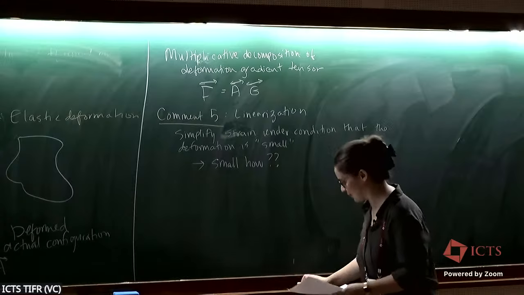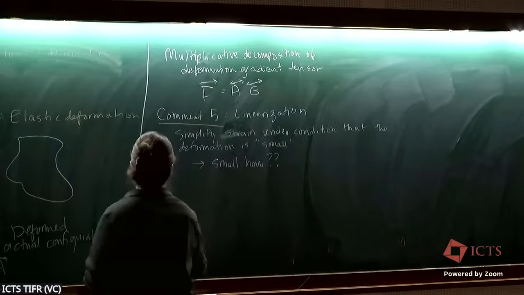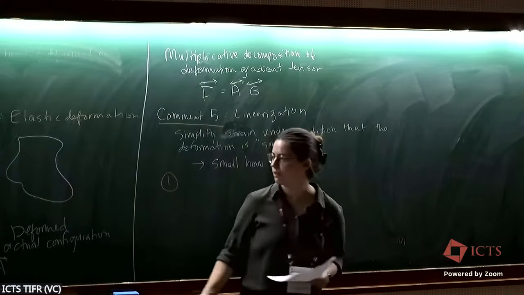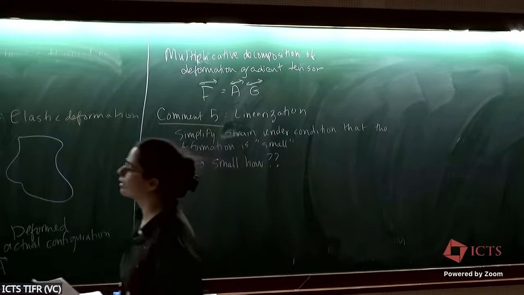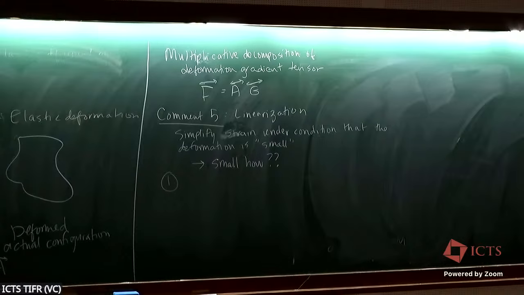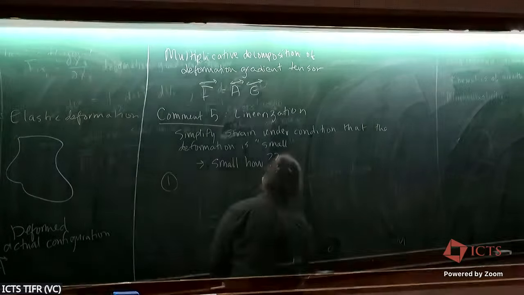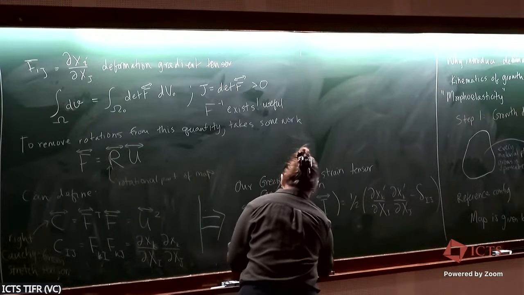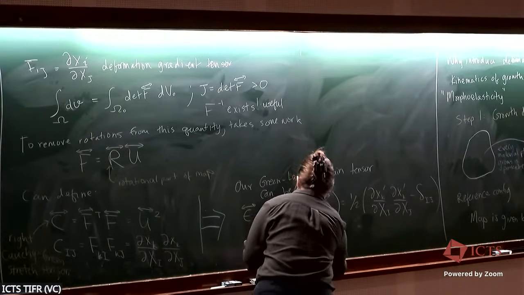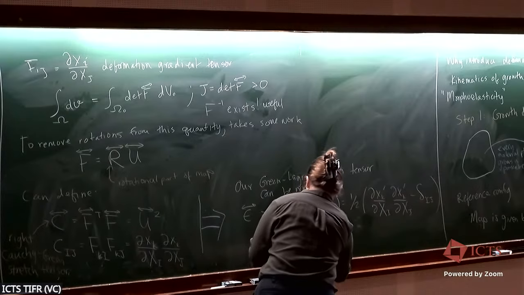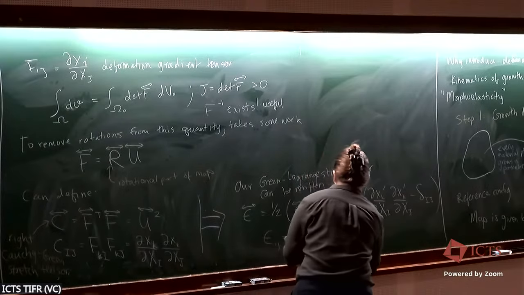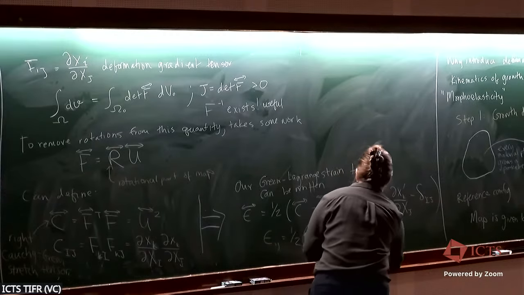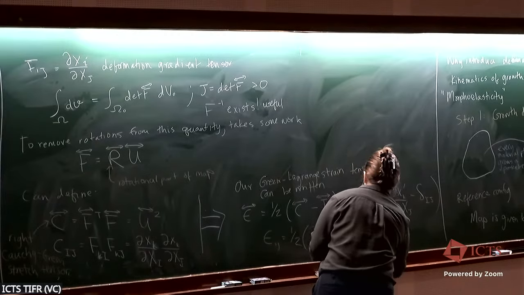And the answer is yes, there are different ways that this could be small. So one option that we could have is, actually, let me write this down in coordinates, with indices, so that we can play around with it a little more easily. This is what you have in your notes.